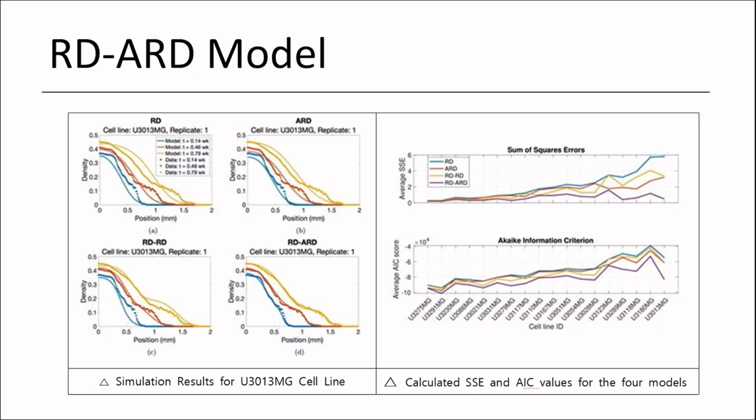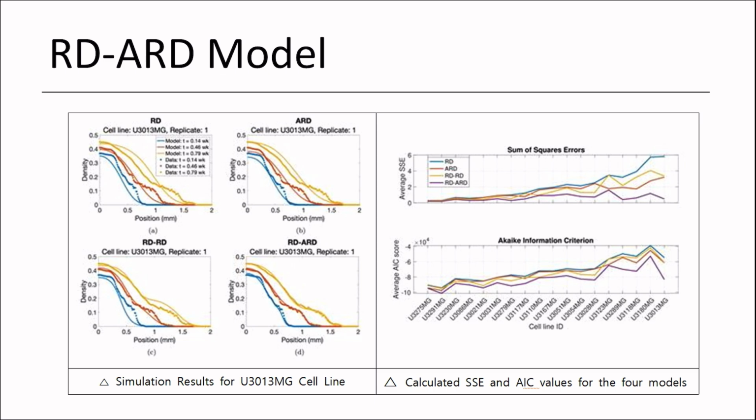Now, let's look at the actual simulation results using data from the glioblastoma cell line. On the left, you can see the simulation outputs for each model. Notice how the RD-ARD model captures the invasive front, particularly around the 0.1 cell density region. In contrast, the RD and ARD models fail to capture this feature accurately.